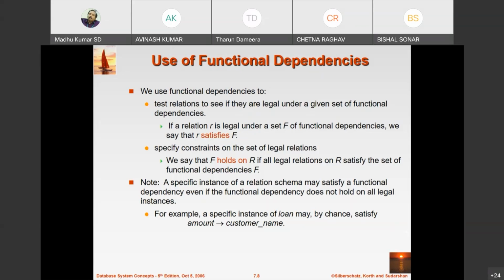For example, a specific instance of loan may by chance satisfy the condition amount determines customer name, but that may not always be true. Any questions on this?